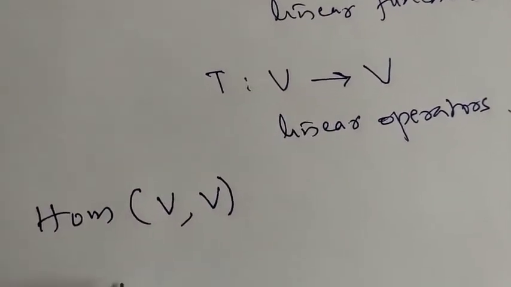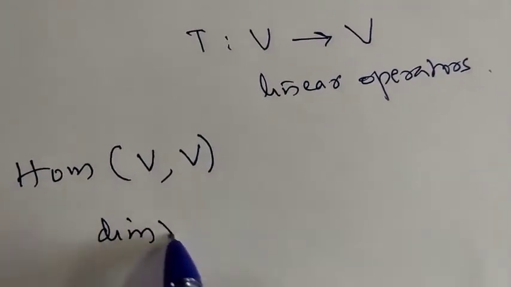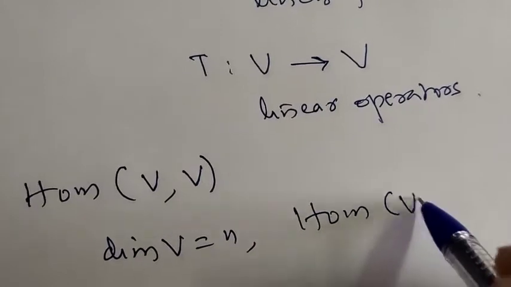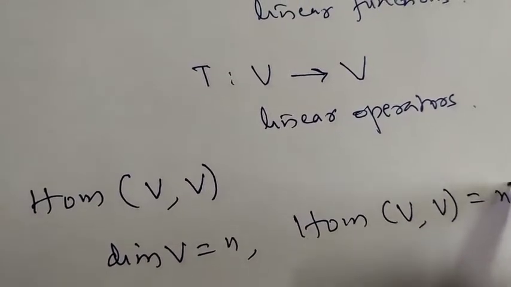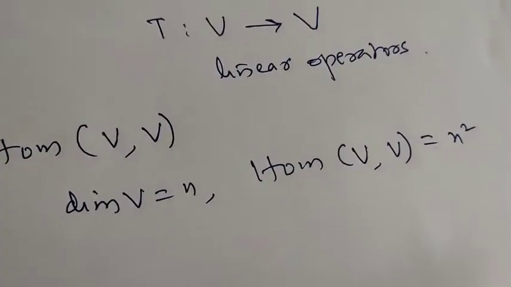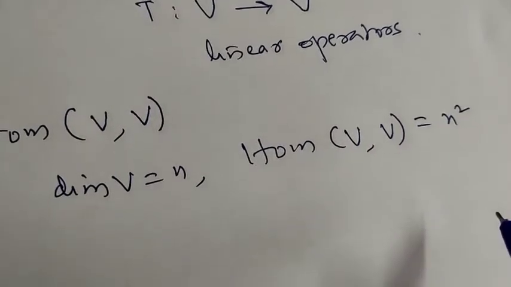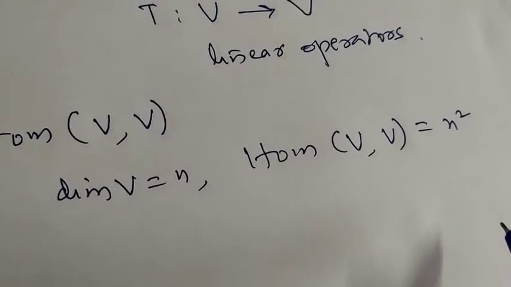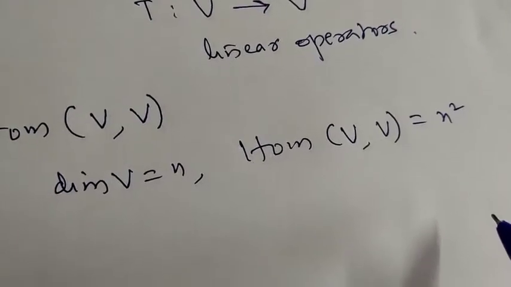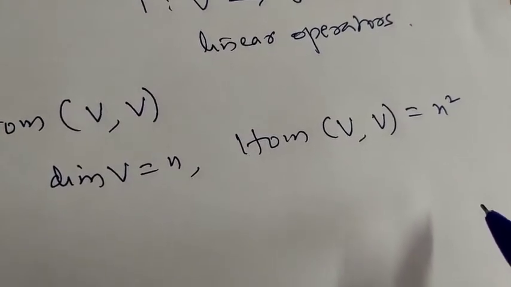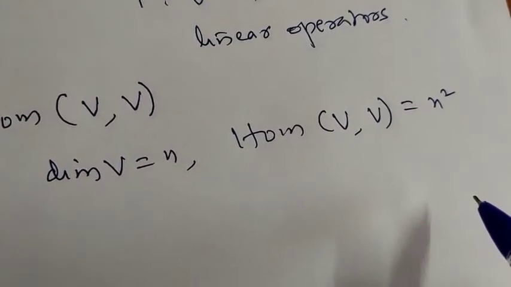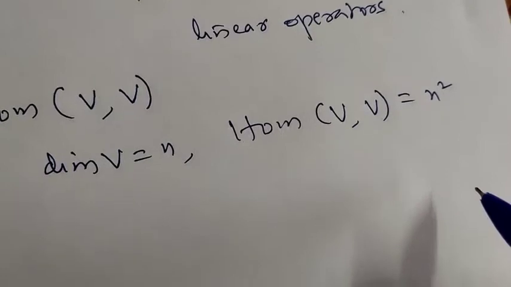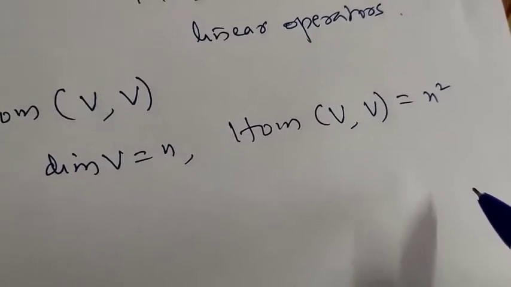So if V is of dimension n, then what about Hom(V,V)? You know that Hom(V,V) is of dimension n square, and we have proved that Hom(V,W) itself is a vector space, and its dimension is, if V and W are of dimensions m and n respectively, then the dimension of Hom(V,W) is m into n. That we have proved.